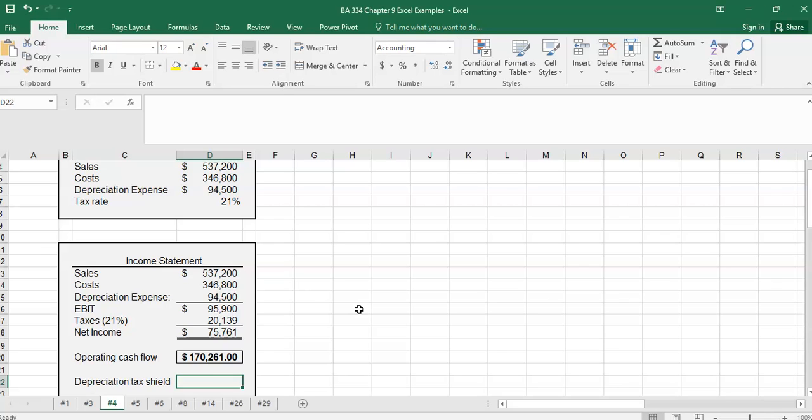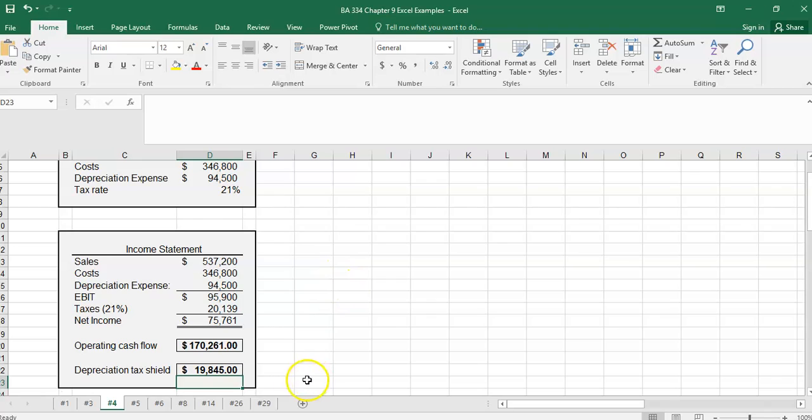So this is how much the depreciation is saving us on taxes. That is calculated as the depreciation expense times the tax rate. So we have our depreciation expense of $94,500 and a tax rate of 21%, which gives us our depreciation tax shield of $19,845.